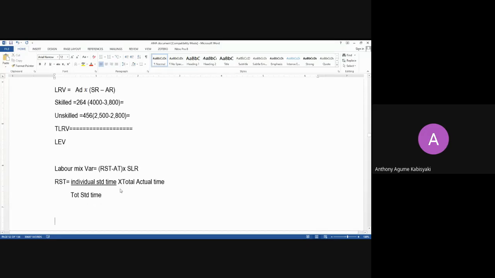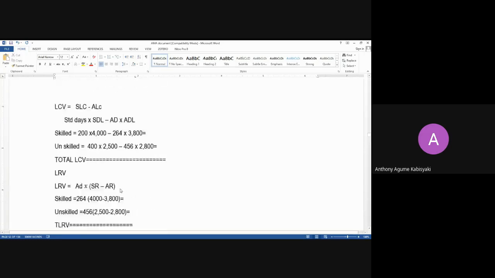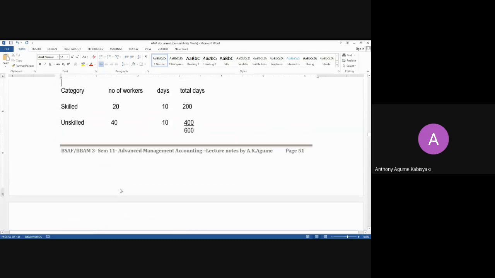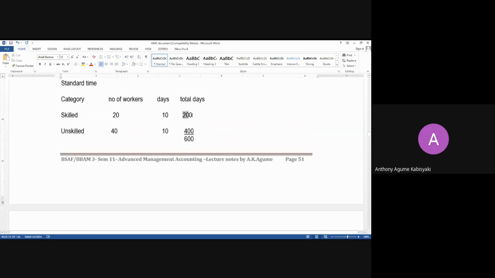So if I want to determine my RST for skilled, the individual standard time for skilled here is 200 out of 600.